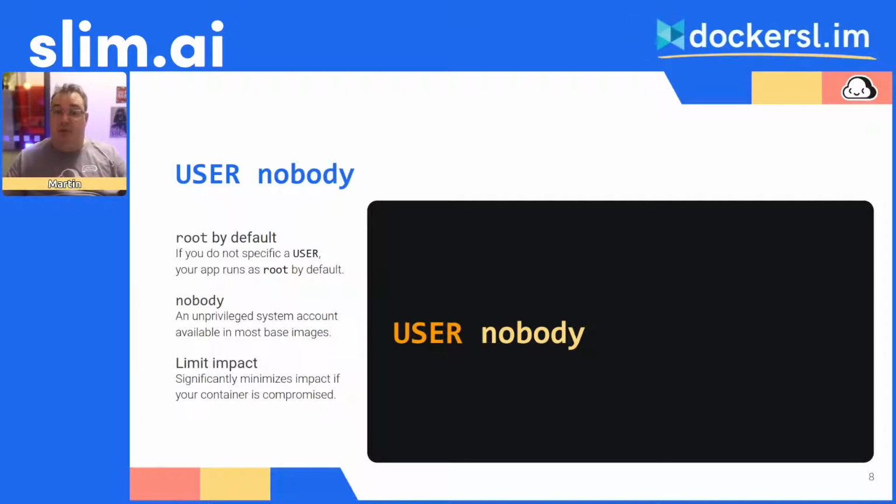And the Nobody account is intended to run things that don't need any special permissions. So it's usually reserved for services so that if they get compromised, the would-be attacker has minimal access and can create limited impact to the rest of the system.